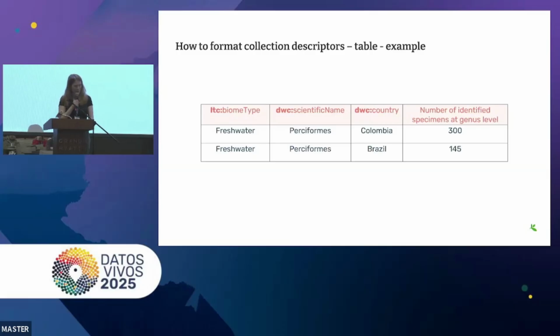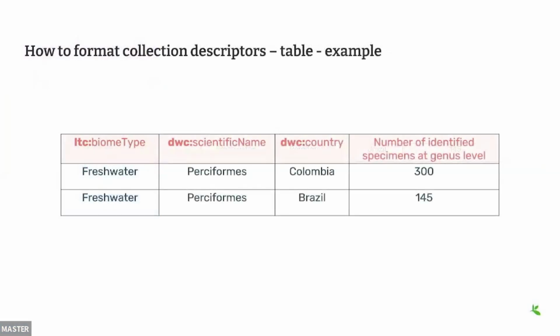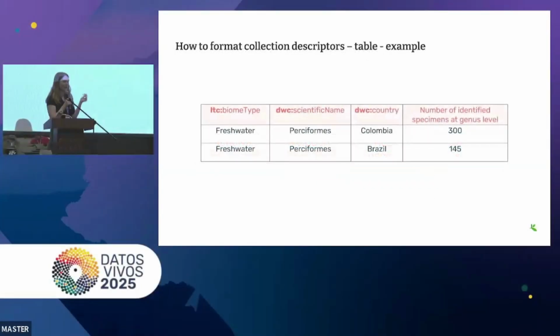So here's an example. This is when you want, for example, to share information semi-structured. So in this case, we have fish that come from Colombia and that are freshwater species, and we have 300 of them that are identified at the genus level.